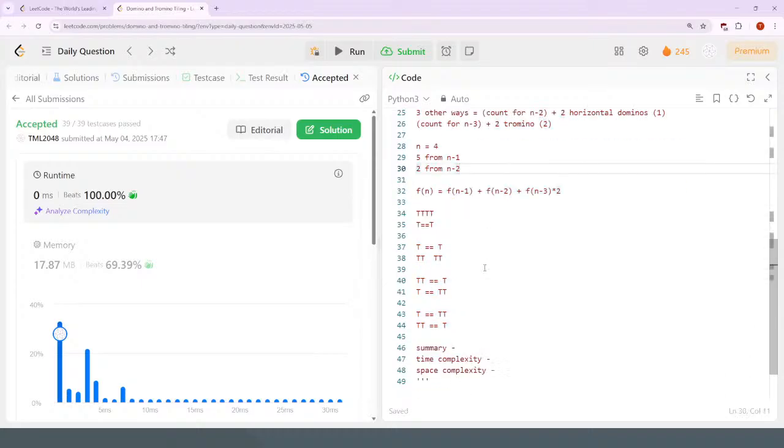Summary. So this is kind of like a math problem.